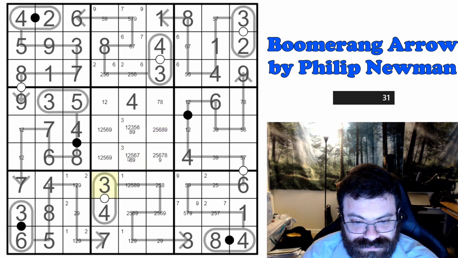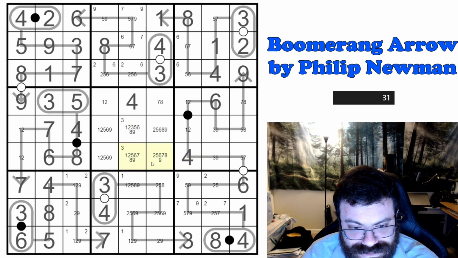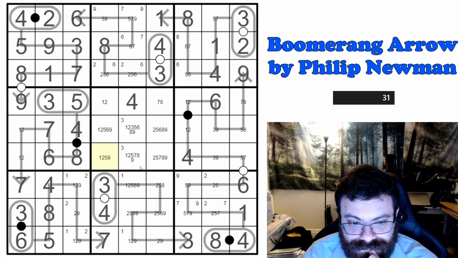This can't be a 3 from King's Move. These can't be 6 for the row. We have a 1, 2 pair in the row. So these can't be 1 or 2.